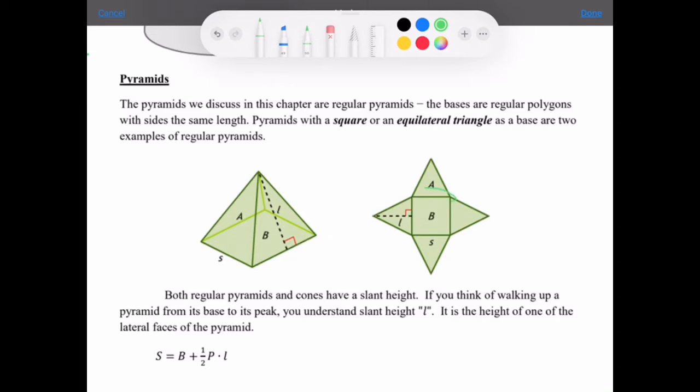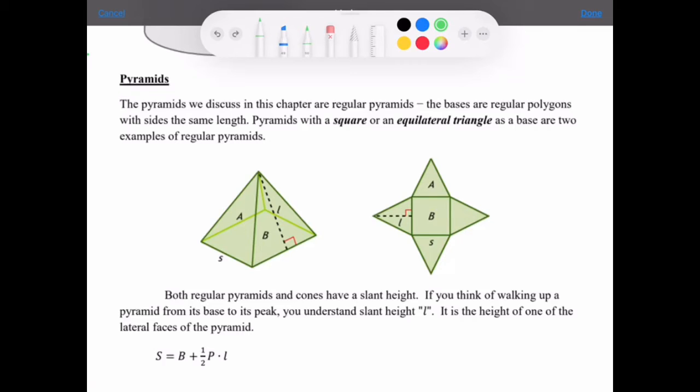Okay, so this is a perfect square here as a base, or it could be an equilateral triangle, but it will be constant, okay? So both regular pyramids and cones have a slant height, sort of like walking up the base to the peak, that slant, that leaning height, that's what we use as our height in these examples.